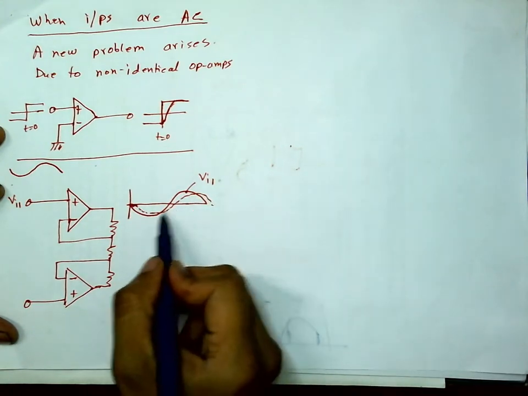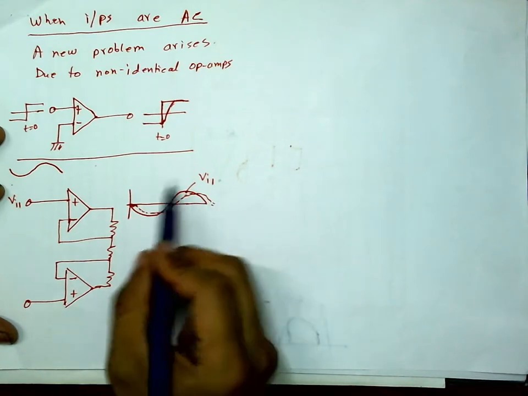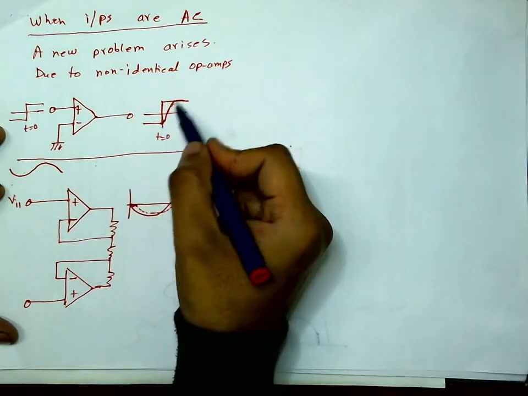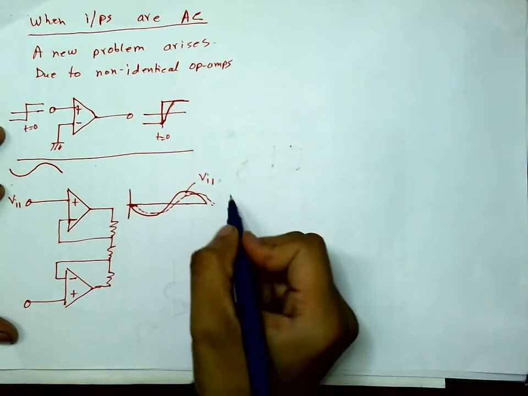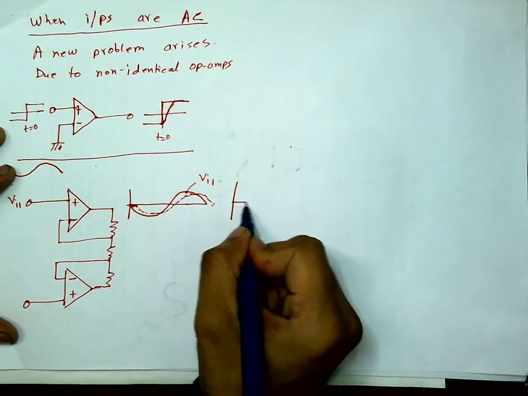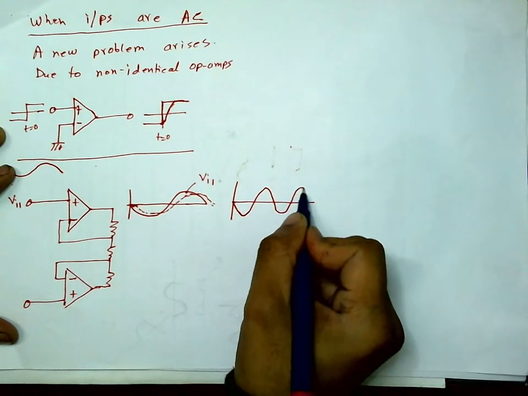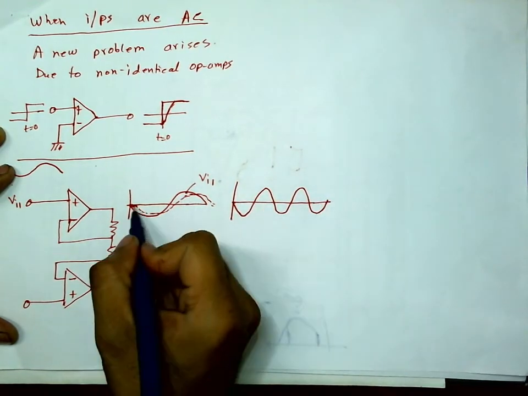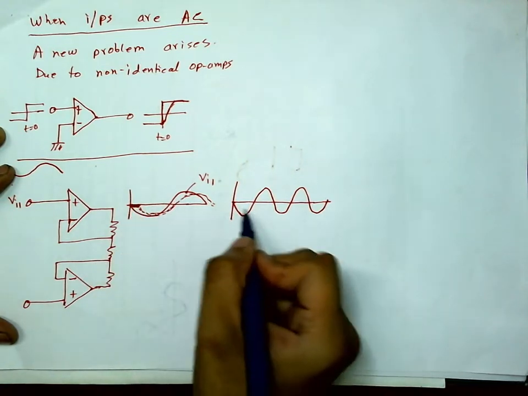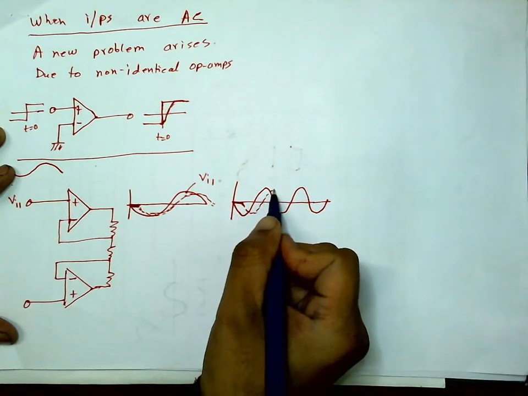But at low frequency, this is not that much visible, because it's varying slowly. So the output can follow it almost in the same way. But if I have high frequency like this as the input, now the same amount of delay I take here, so that will be like this.